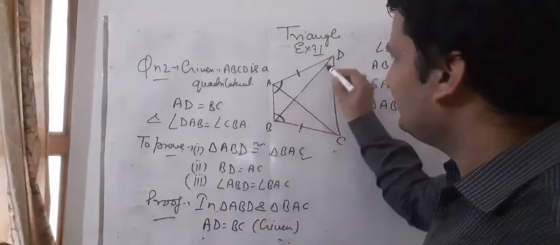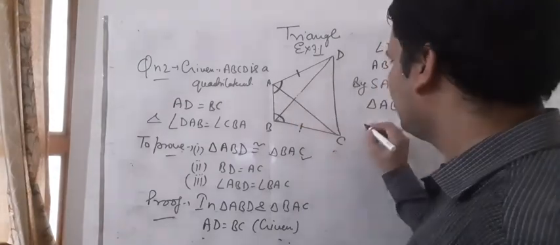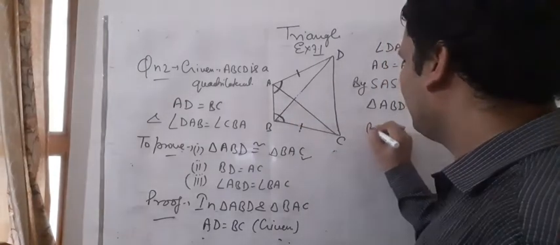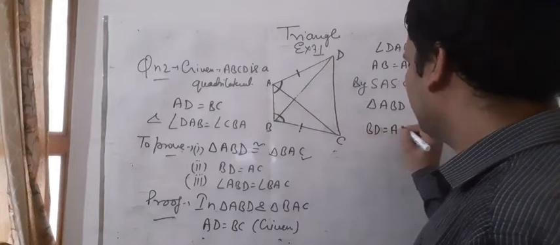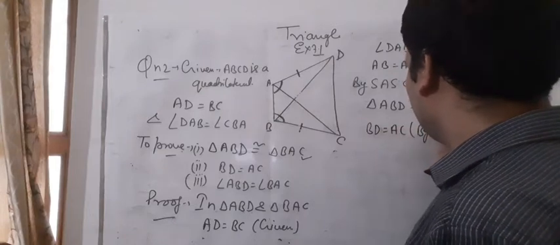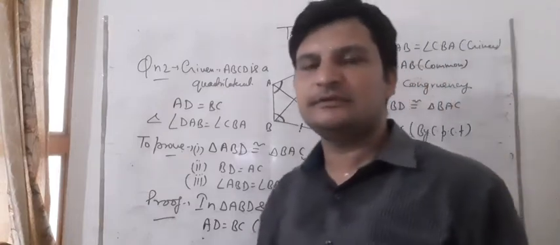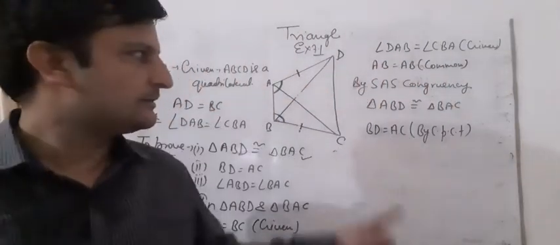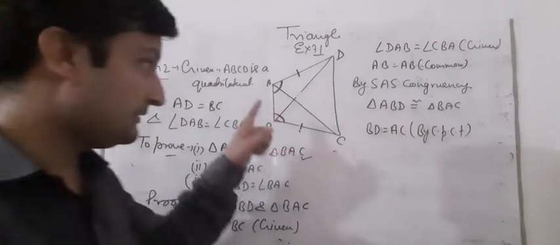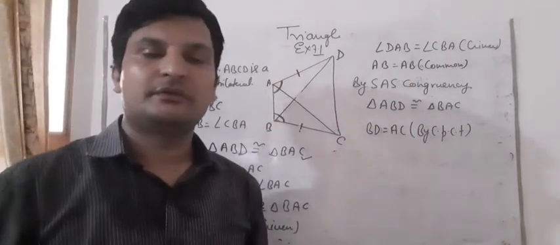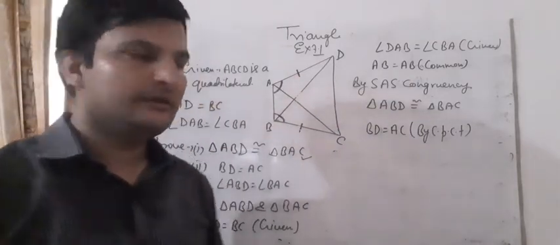Here BD is equal to AC. So we can write BD is equal to AC by CPCT. I have explained the meaning of CPCT in an earlier video: if two triangles are congruent, then their corresponding parts are also equal.